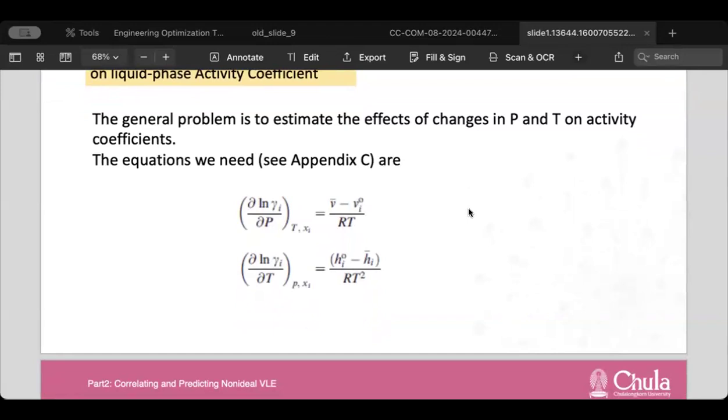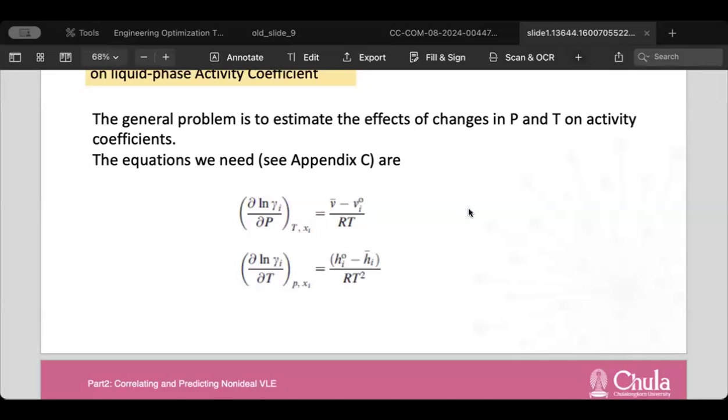Okay, so it depends on the pressure. It depends on the volume change. Okay, volume change when you mix A and B, right? How the volume, I mean molar volume of A and B change, okay?